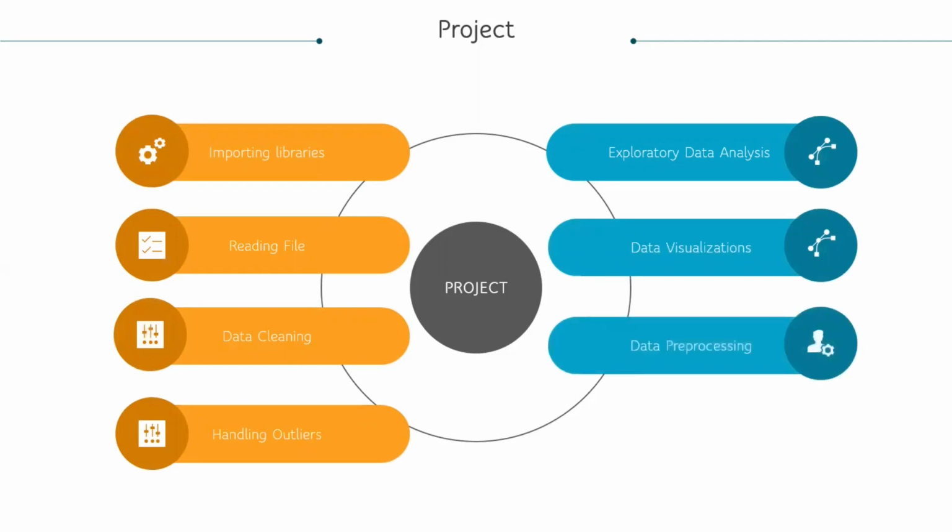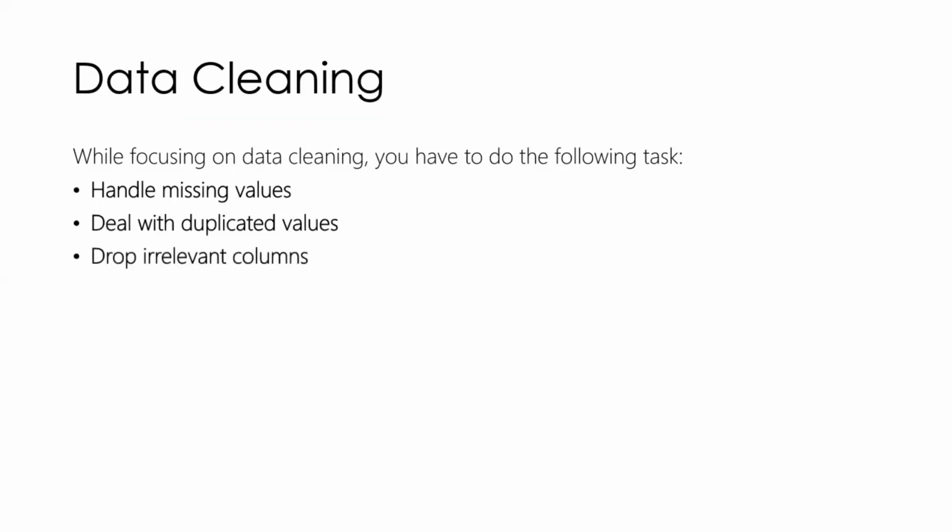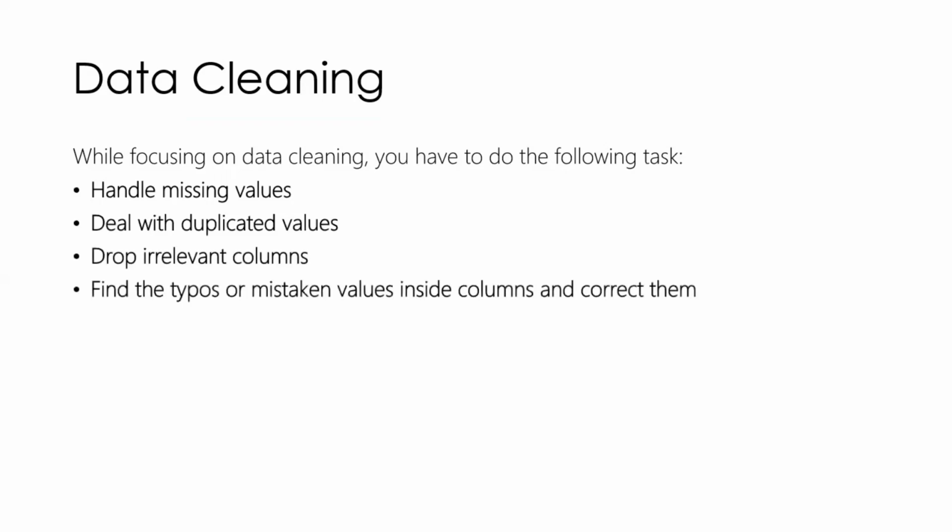And in the last, we will do some data pre-processing. So first, let's talk about what we will be doing in data cleaning. While focusing on data cleaning, you have to do the following tasks, which are handle missing values, deal with the duplicate values, and drop irrelevant columns. And in the last, find the typos or mistaken values inside columns and correct them.